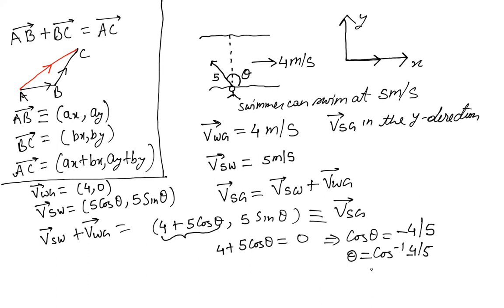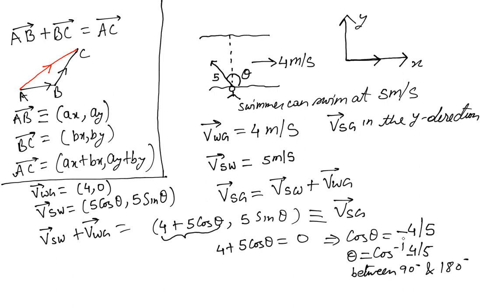I do not want to calculate this number, but I think it will be between 90 and 180 degrees. Alright, so we were supposed to find this angle theta actually. In which direction should the swimmer swim so that he reaches the opposite bank? So once you have the angle, you will know what angle he should make with the x-axis so that he lands on the opposite bank.